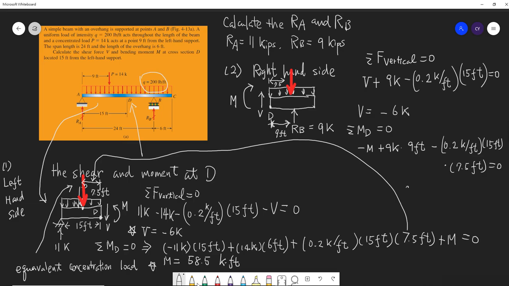Therefore, we get the moment equal to 15.5 kip-feet.